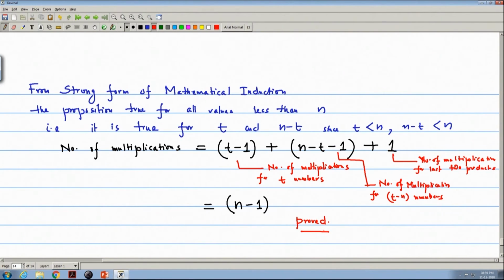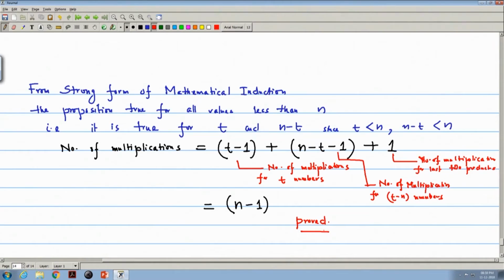See, this is the number of multiplications. In a similar way, given a program or some computation like that, what will be the number of multiplications, additions or comparisons required, which directly gives the complexity of a program or of some algorithm.